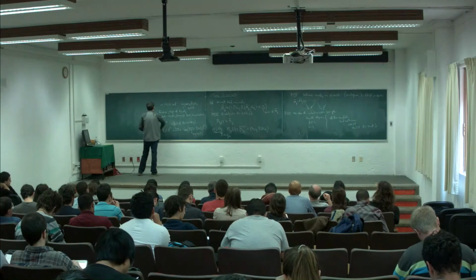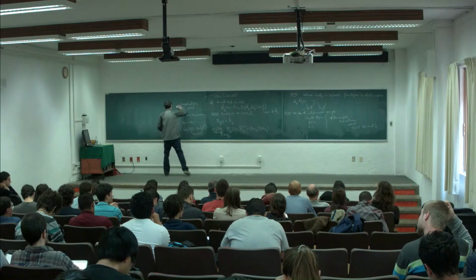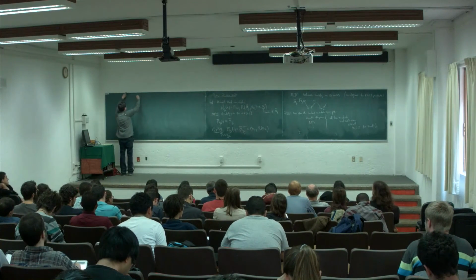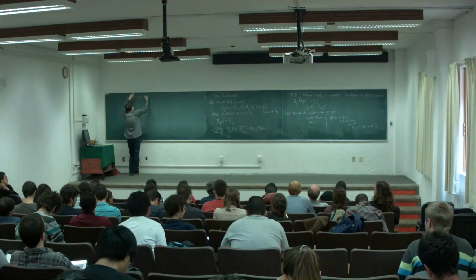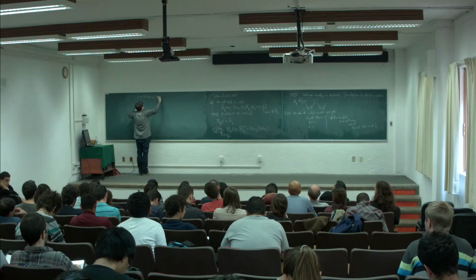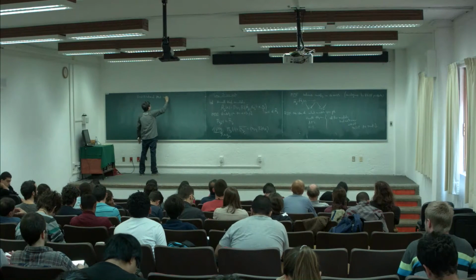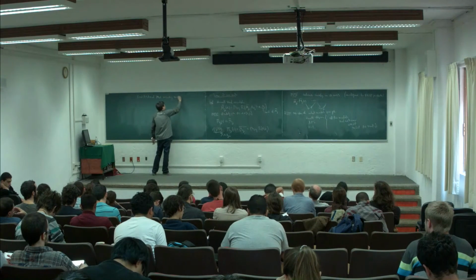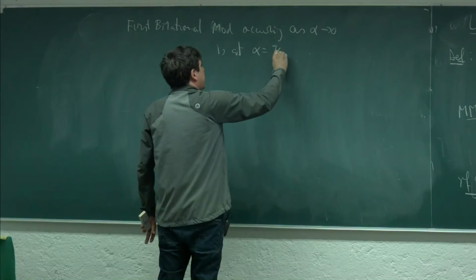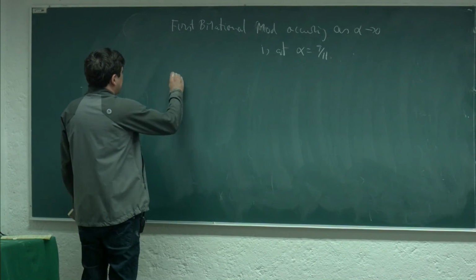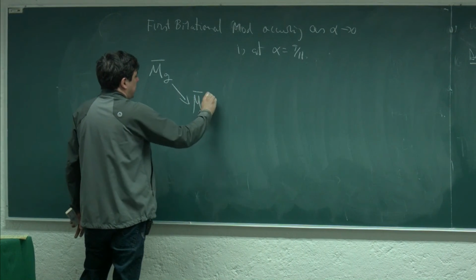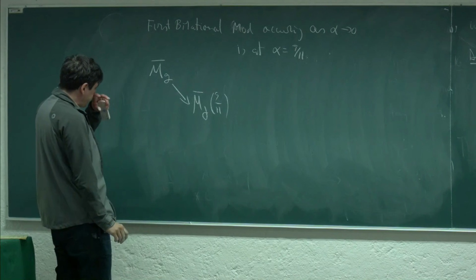So the most famous example is that the first birational contraction, birational modification, occurring as alpha goes to 0 is at alpha equals 9/11. So basically in that situation one gets M_g bar maps to M_g of 9/11.